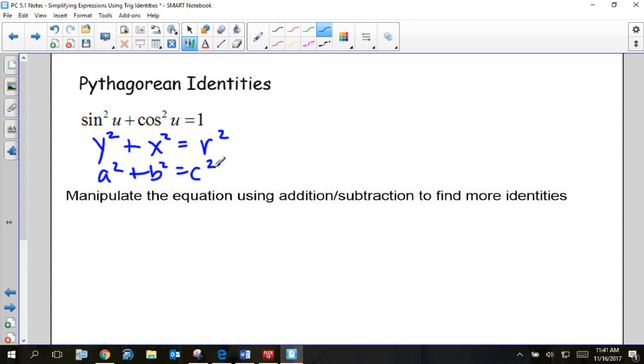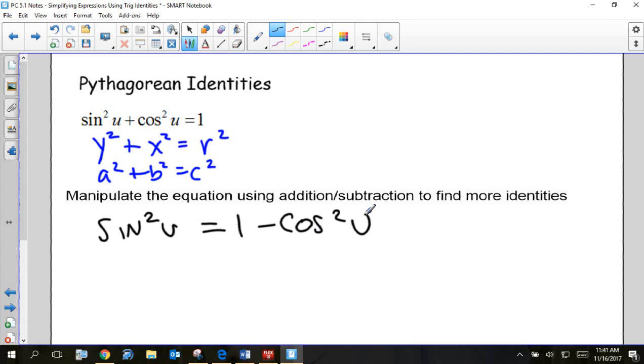Now we're going to manipulate that, just using math that we've learned throughout our years as mathematics students. I'm going to start with subtraction. I'm going to take this equation and subtract cosine squared from both sides. So if I subtract cosine squared u from both sides, I now have sine squared u equals 1 minus cosine squared u.